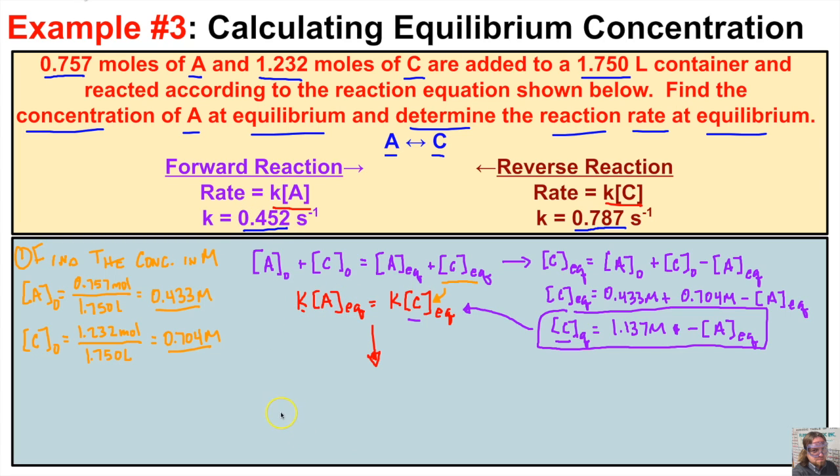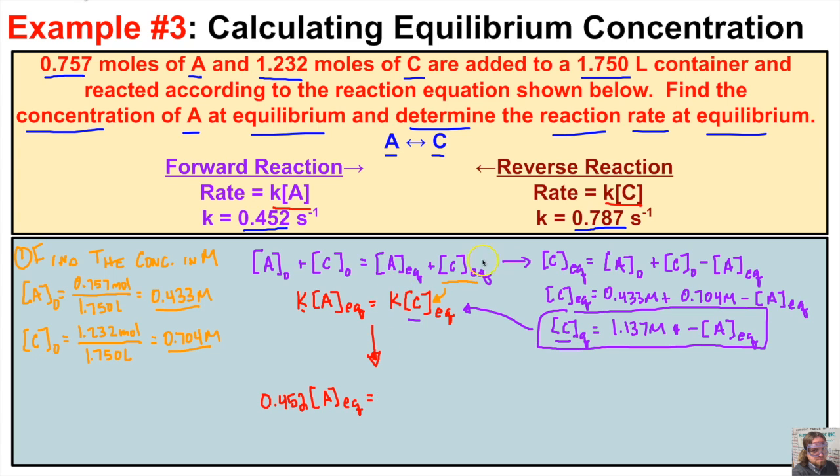So here's our K value. K doesn't change. Whether it's the initial concentration or equilibrium concentration, K is always going to stay the same unless temperature is increased or decreased. But it doesn't say that here. So let's figure this out. Our K value here is 0.452. And we're going to go ahead and leave off the units when we're doing this calculation, times the concentration of A at equilibrium.